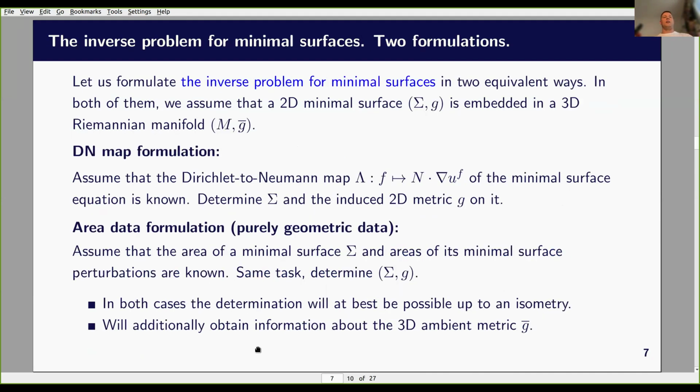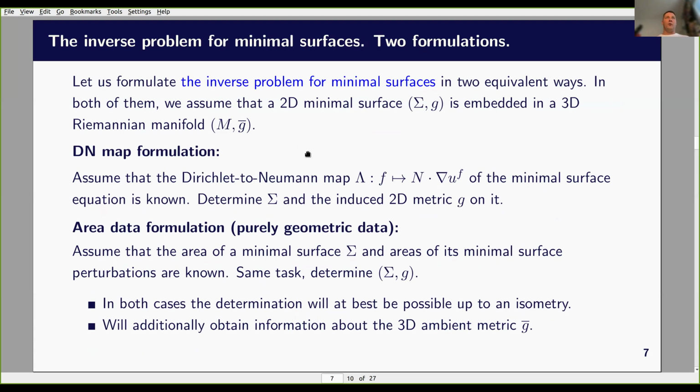Okay, so I now define what the inverse problem for minimal surfaces is. There are two equivalent formulations. In both of these formulations, I will assume that the two-dimensional minimal surface sigma, G is embedded in a three-dimensional Riemannian manifold M, G bar.